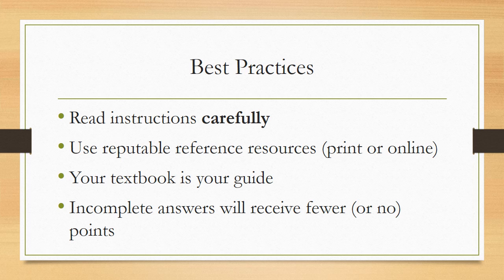So the idea isn't for you to just go out on Google and find random sources to answer the questions. You want to utilize the types of sources, and in some cases the exact sources, that you're reading about in the textbook. The point of this is to get you familiar with the different types of reference resources that you're likely to be using when you're answering questions in a library.